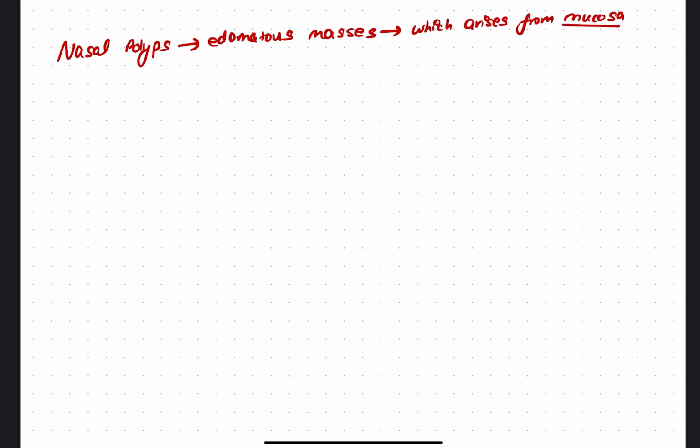If we talk about the nasal mucosa, this is our nasal cavity, and we have different paranasal sinuses. This is the maxillary sinus, and we have the frontal sinus, and we have multiple ethmoidal sinuses.